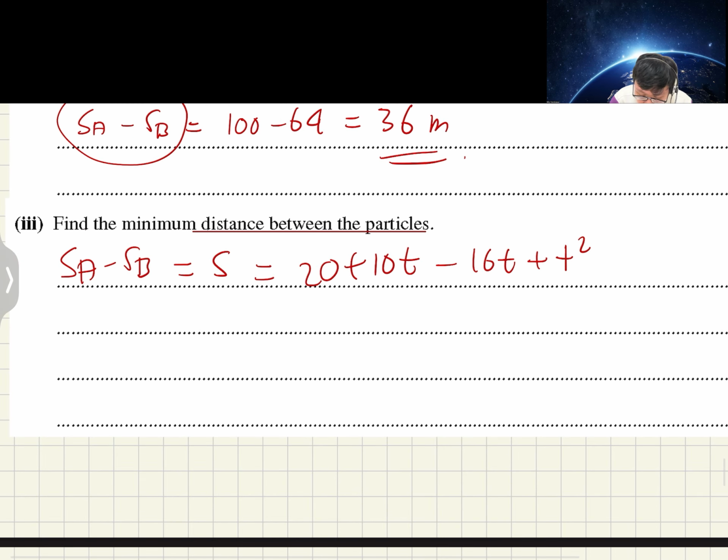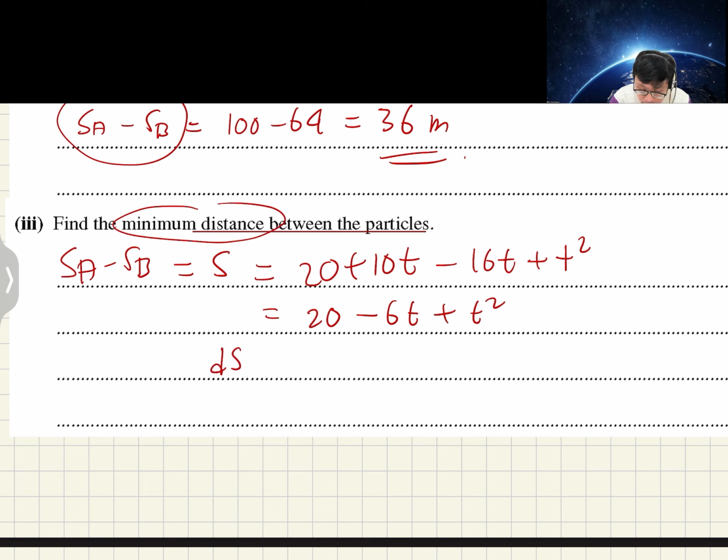So we have 20 minus 6t plus t squared. We want to find the minimum distance, so we differentiate with respect to time. You will get minus 6 plus 2t. Remember, when it is a minimum, the derivative is 0. So we get time is 3 seconds.